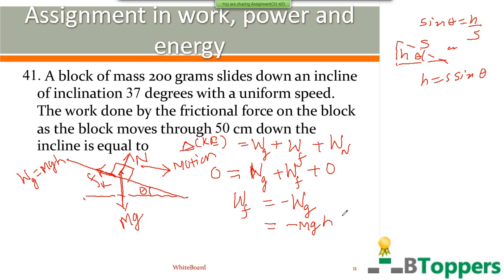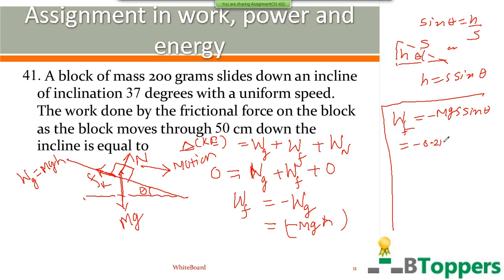So therefore work done by the force of friction on the block can be written as minus mgh. We can substitute here h equal to s into sin theta. So minus mg s into sin theta. Now we can substitute all the given values. Mass m is given 200 grams, which means 0.2 kg. You are given the value of acceleration due to gravity as 10 meter per second square.